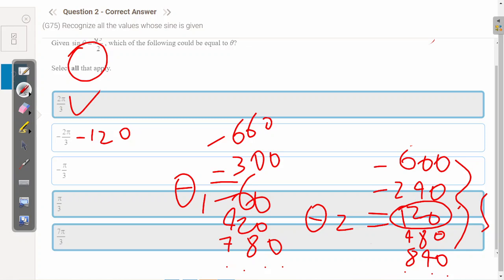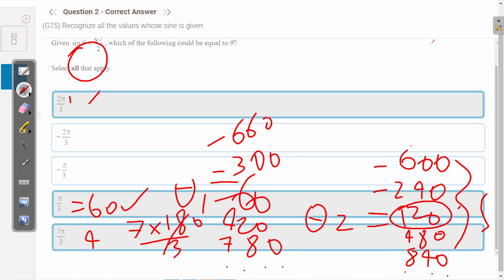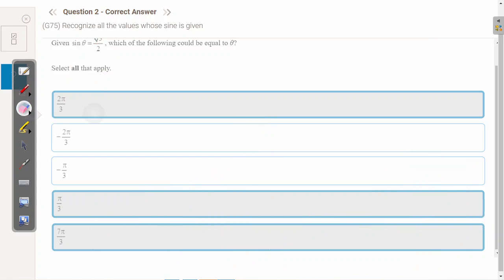We don't have it. We have positive, not negative. Same thing here. It's negative pi over 3. So negative 180 over 3 equals negative 60. We don't have negative 60. We have positive 60. So wrong. Pi over 3 is 60. Correct. 7 pi over 3. 7 times 180 over 3. It will be 7 times 60 equals 420. And we have it. So it's correct.